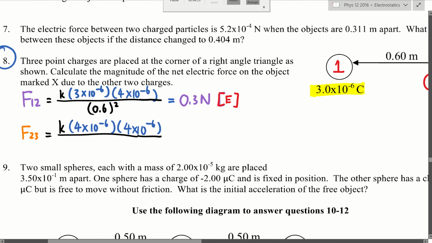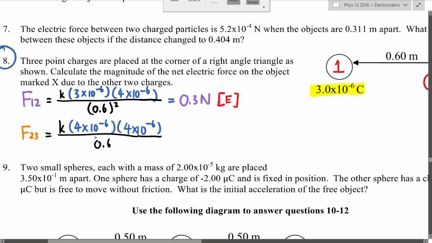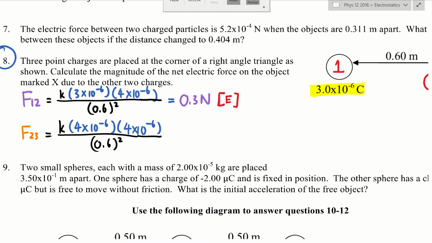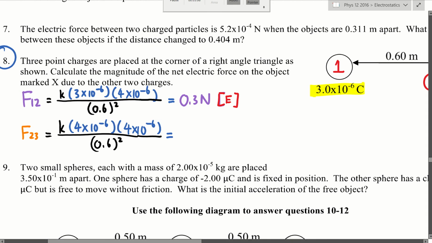So charges 2 and 3 are the same amount. The distance between them is also 0.6, which is just convenient. It doesn't have to be exactly in the middle though. So the total at the end is going to be 0.4 Newton, and this one goes north.